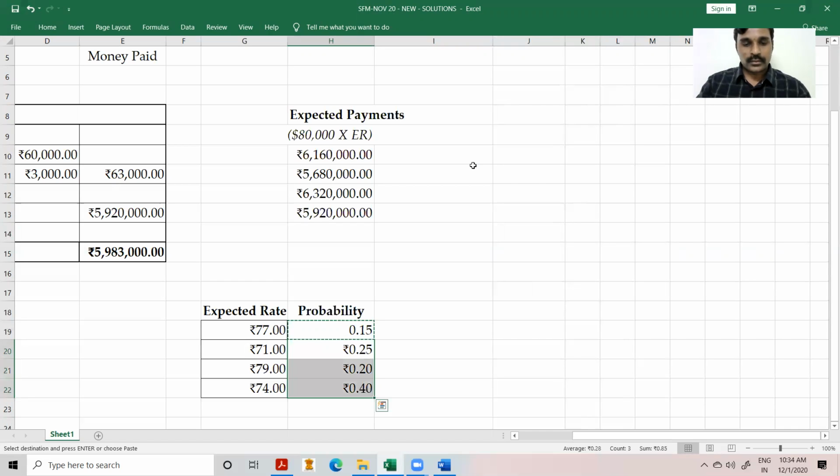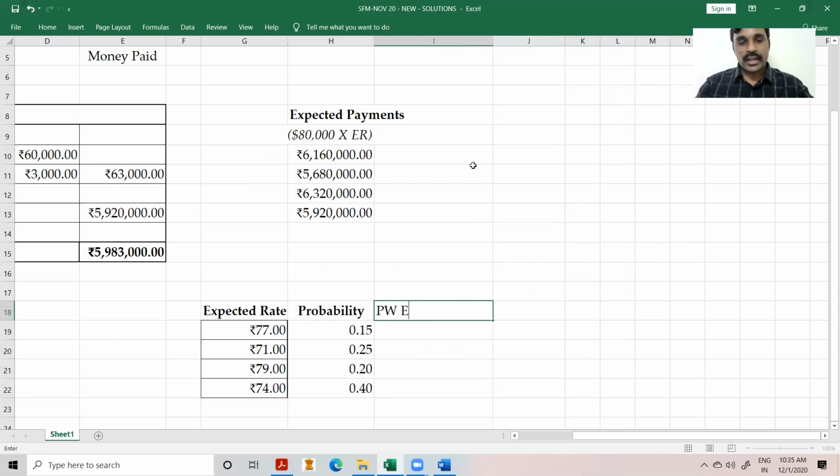These are the probabilities. And then the probability weighted expected exchange rate.